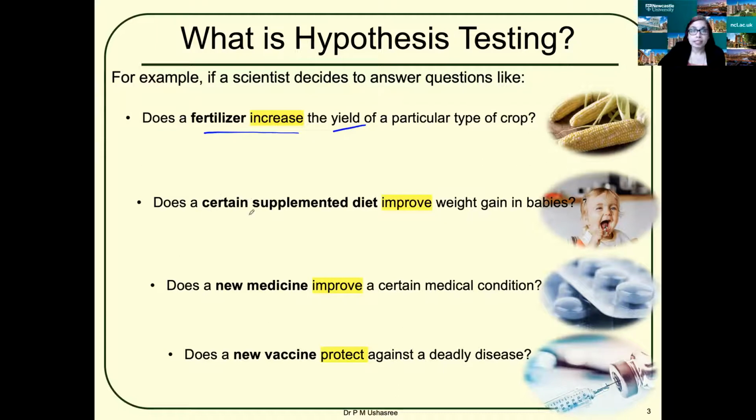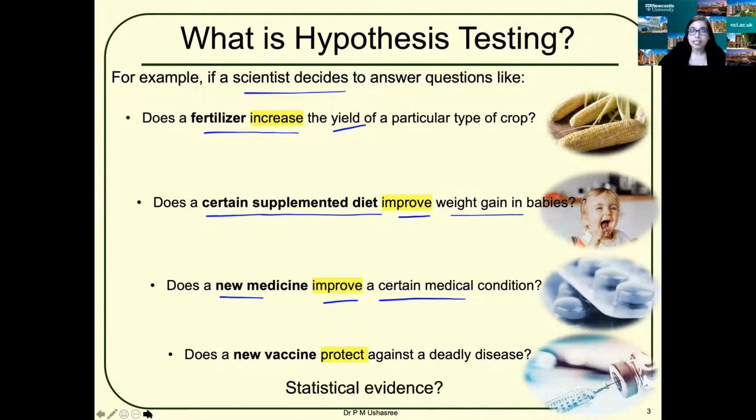Does a certain supplement diet improve weight gain in babies? Does a new medicine improve a certain medical condition? Or given the situation, does the new vaccine prevent people from getting COVID-19? So all these can be answered if the scientist can give us a statistical evidence.